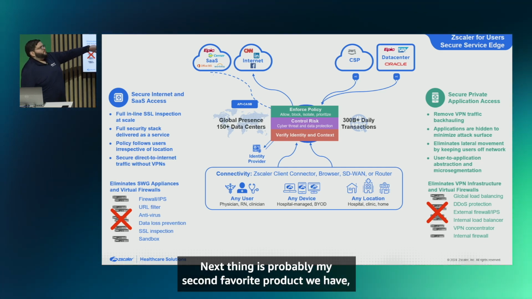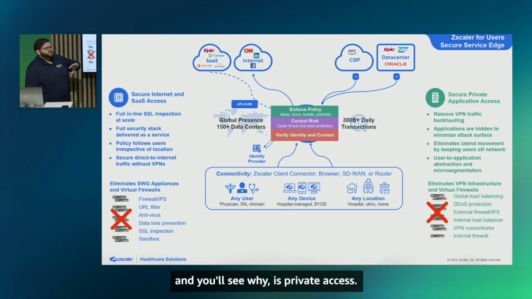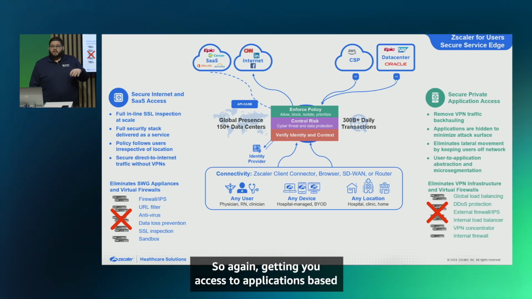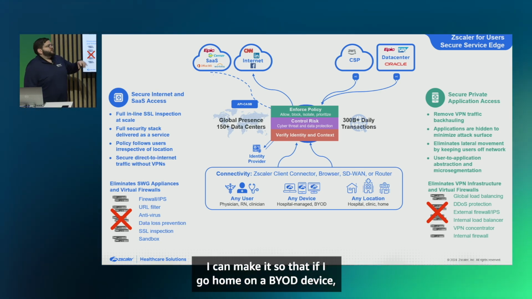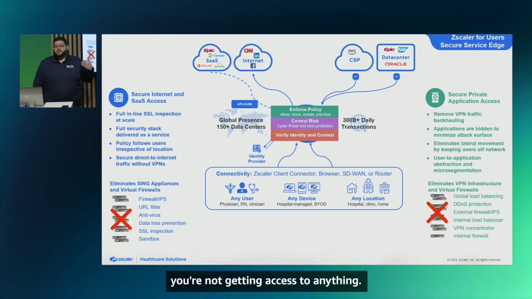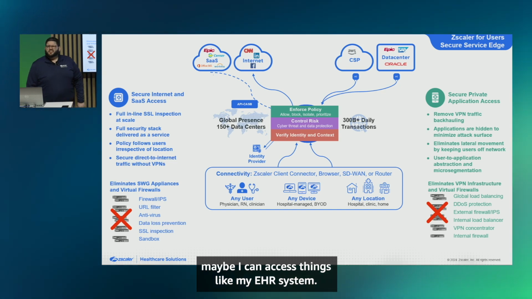Next thing is probably my second favorite product we have, and I'll leave my favorite for the end and you'll see why, is private access. So again, getting you access to applications based on who you are and why you want them. I can make it so that if I go home on a BYOD device, you're not getting access to anything. But if I log into my corporate PC at home, maybe I can access things like my EHR system.